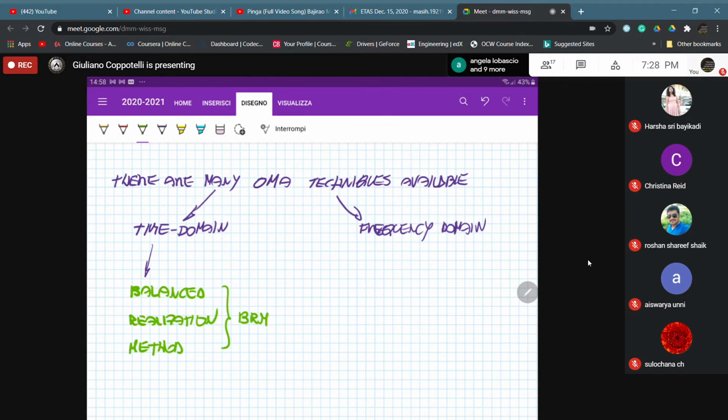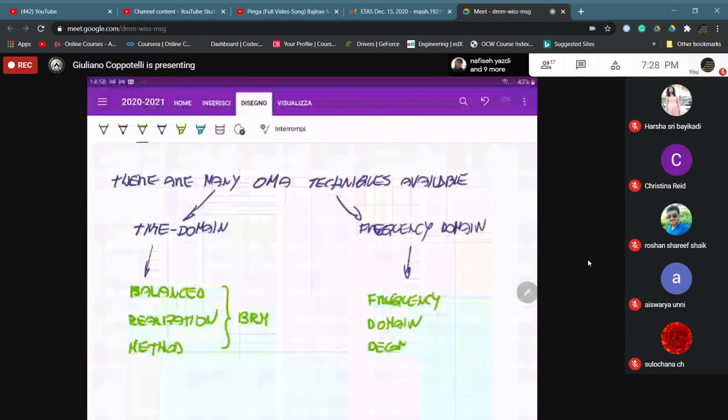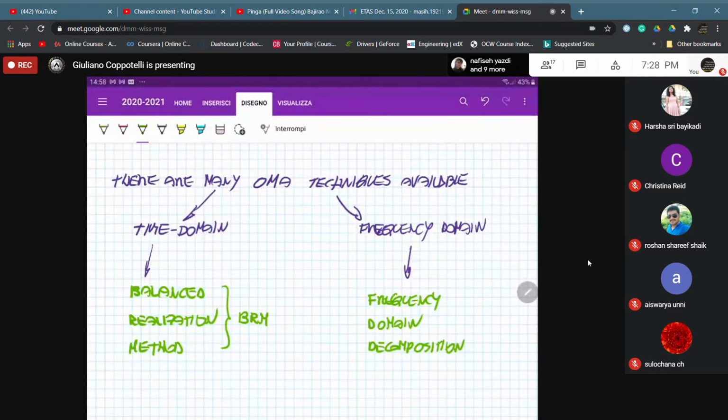Whereas the other approach, in the frequency domain, is called frequency domain decomposition, also known as FDD method.